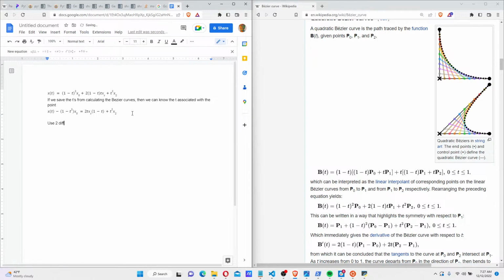Use two different points that the curve has to pass through. And these two different points should be x1, p1, and p2.